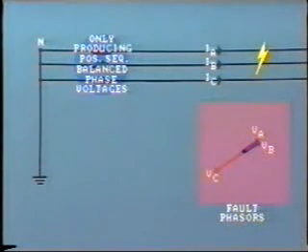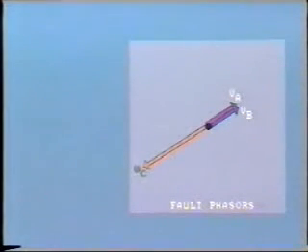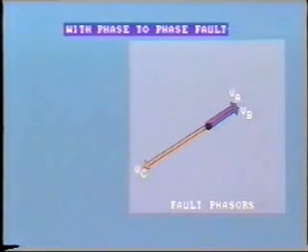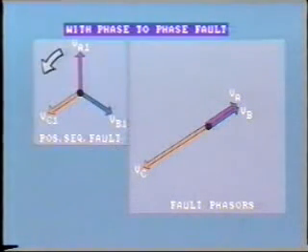But at the fault, the voltage phasors look like this, with the different phase voltages being identified by VA, VB, and VC. The voltage at the fault on the unfaulted phase is approximately equal to its pre-fault value, and with our phase-to-phase fault, the positive sequence fault voltages are about 50% of this.